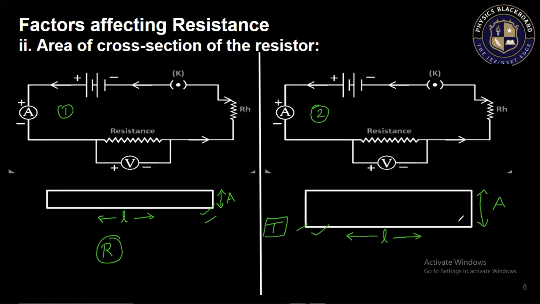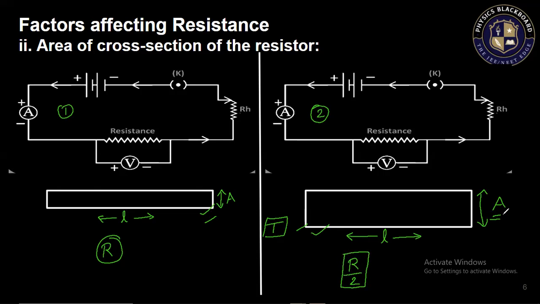But here there is a change in area of cross section. Let's say the area of cross section of the second resistor is twice that of the first resistor. In such a case, the resistance of the second resistor becomes half the resistance of the first resistor.